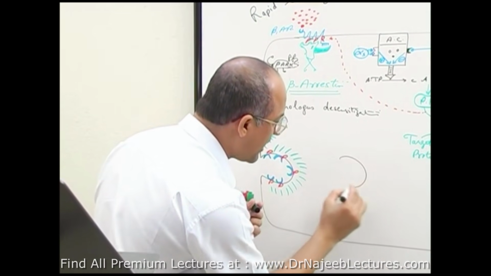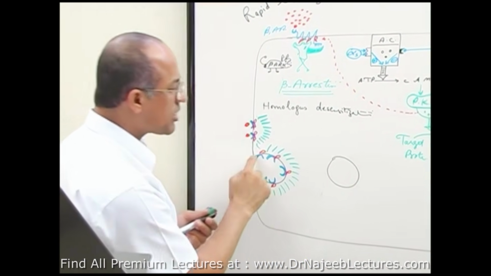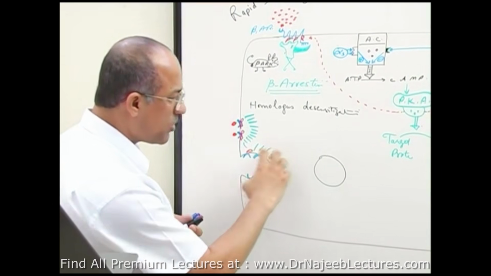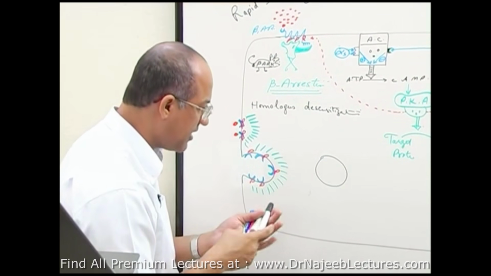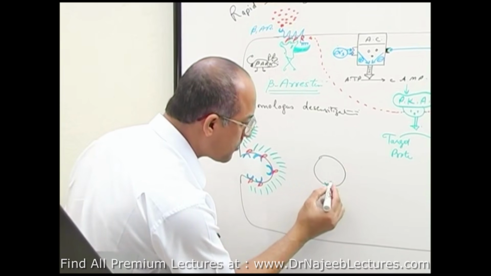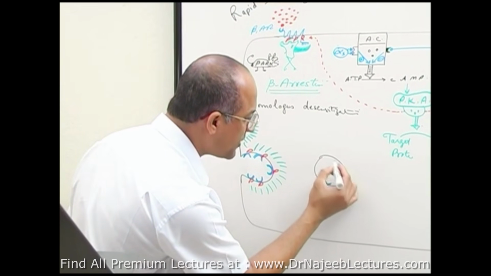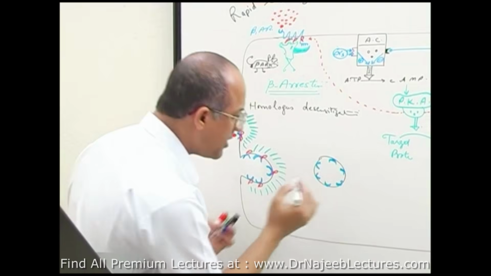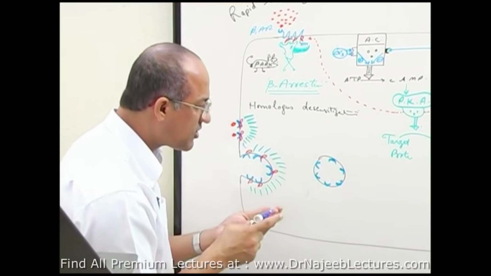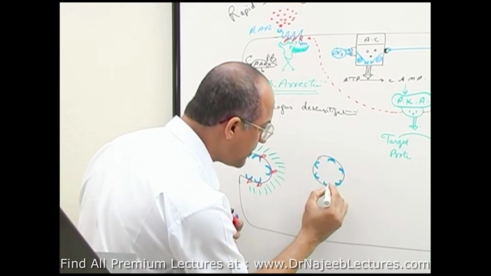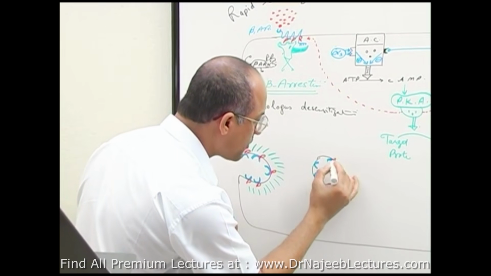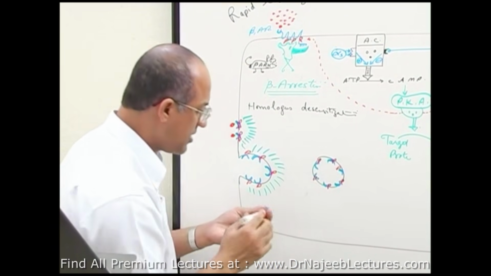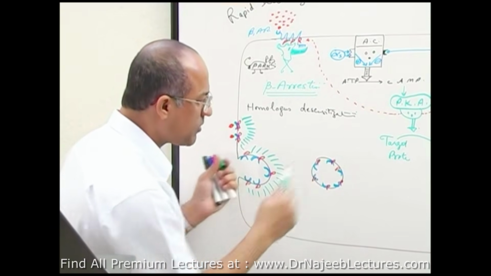Now inside the cell, this was a clathrin-coated pit. Now it has become an intracellular vesicle. Receptors have escaped from the cell membrane or cell surface to the intracellular area. Is that right? And they are still phosphorylated and clathrin coated.